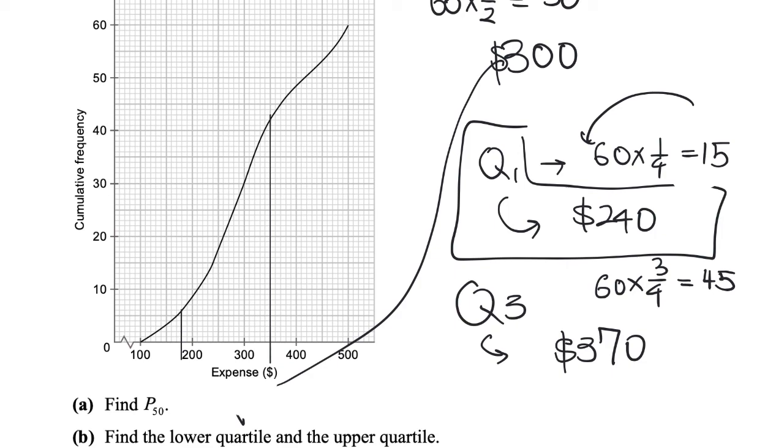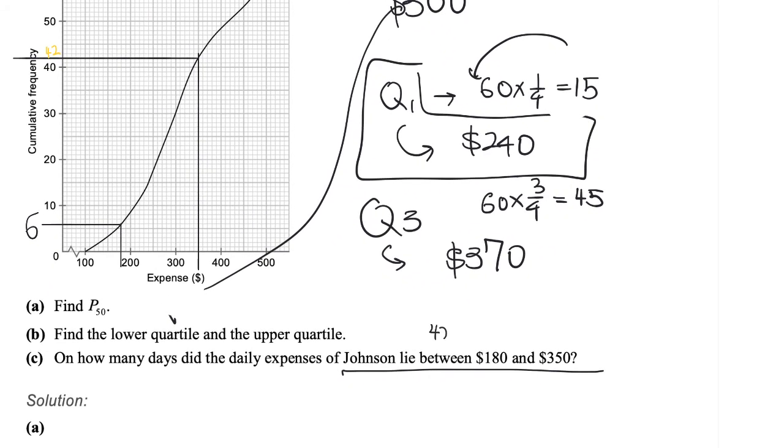Have the number here. For this one here. So that is why you will have 6 here and 42 here. So the number will be 42 minus 6. So that is equal to 36. Okay, that's it.